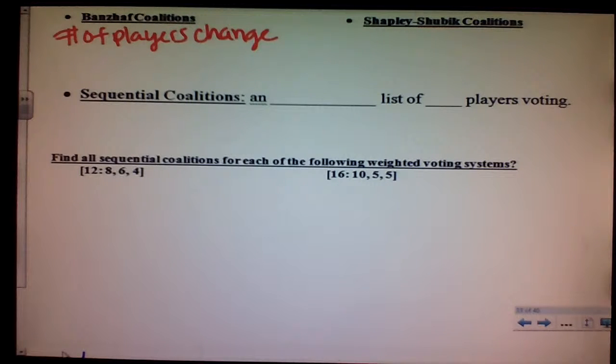In other words, you had coalitions that had just one person, coalitions that had 2 people, 3, and 4. When I go to do Shapley-Shubik, you can't do that. A Shapley-Shubik coalition has to have all players every time.